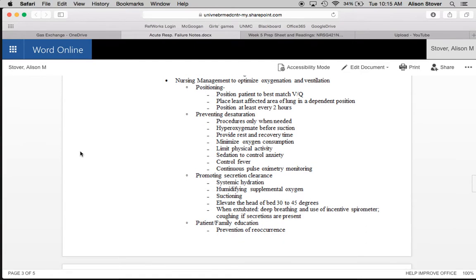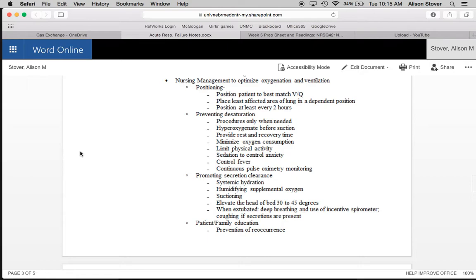Nursing management to optimize oxygenation and ventilation. According to the book, you position the patient depending on what kind of VQ mismatch they are encountering. So just remember, you place the least affected area down.